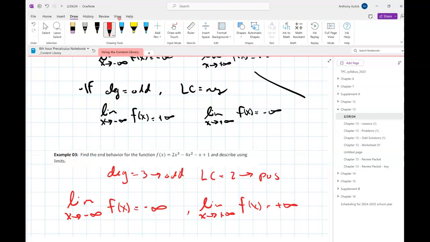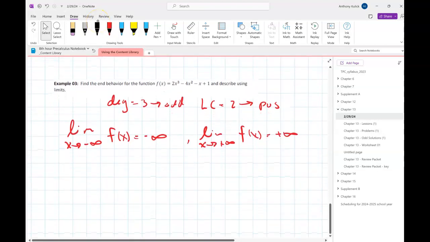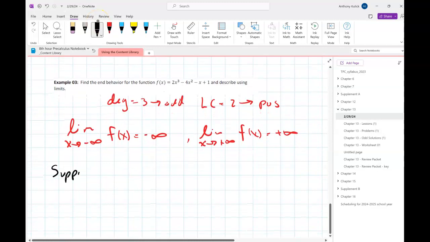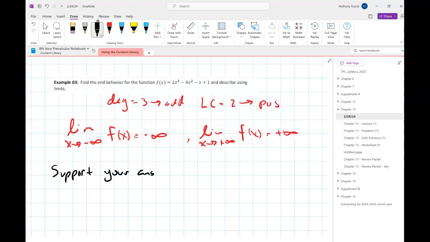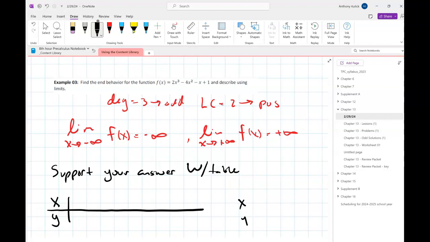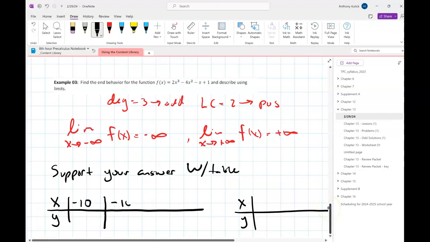Everybody's happy there? Now, what if I ask you to then support your answer with a table? So what I'm going to do is pick some values of x.